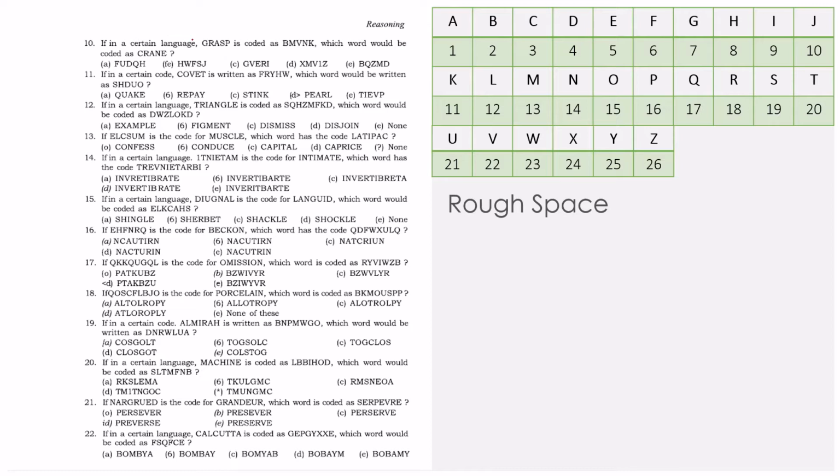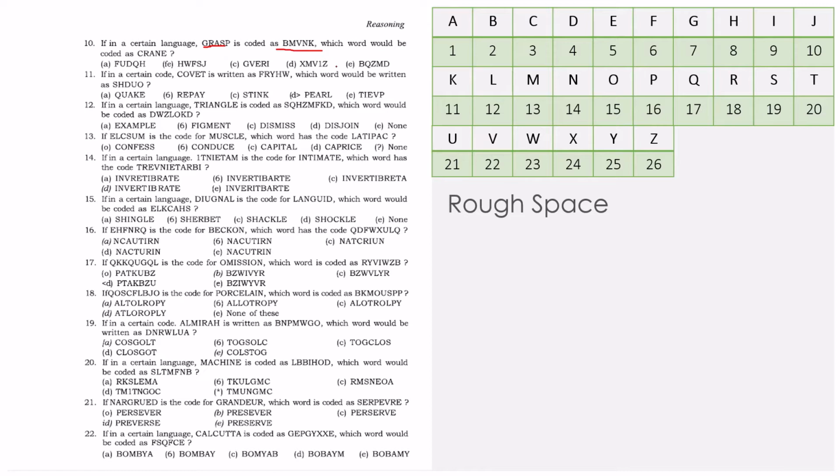In a certain language, grasp is coded as B, M, V, and K. Which word will be coded as crane? So this is the first question, right? Let me explain this for you. Grasp is the word and B, M, V, K is the code. So just find out the relation between them.